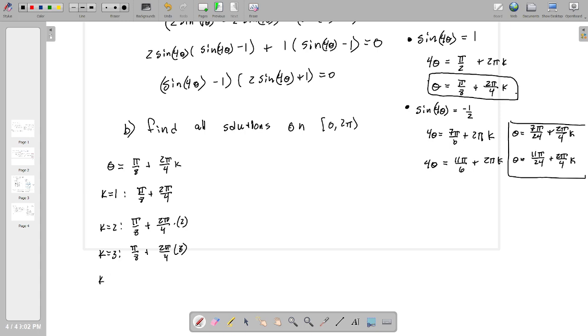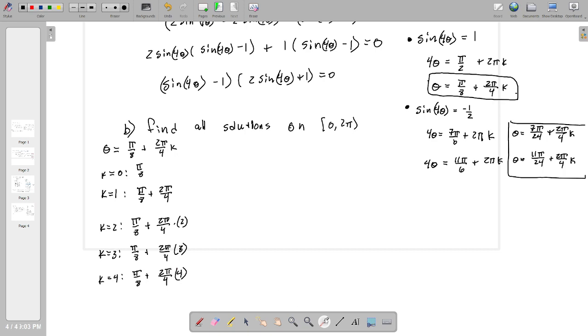And if k is equal to 4, then we have pi over 8 plus 2 pi over 4, 4. Last one, left off on accident, is k is equal to 0, gives us just pi over 8, obviously. If k is equal to 0, it just drops this entire term. So we have pi over 8 plus 2 pi over 4 times 0, pi over 8 plus 2 pi over 4 times 1, pi over 8 plus 2 pi over 4 times 2, and so on. Now we can continue to do this infinitely many times, but I've already written more than enough here.